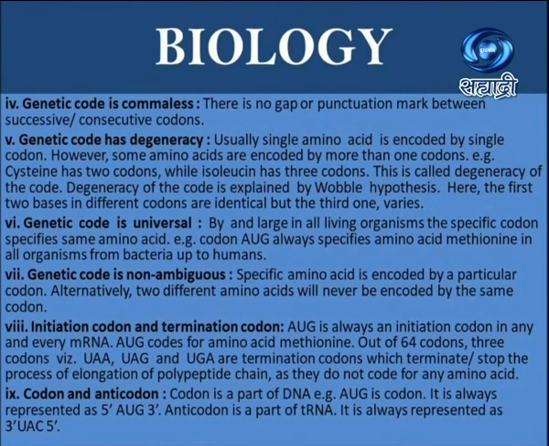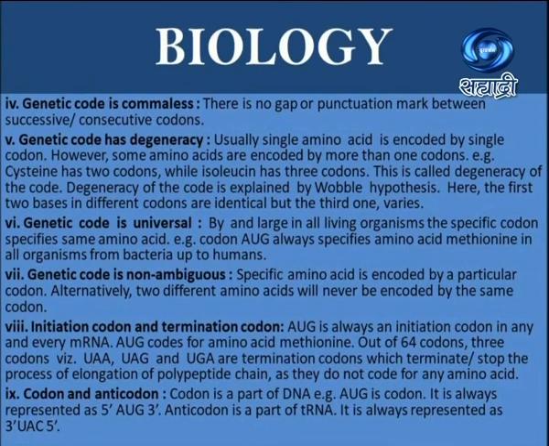For example, cysteine has 2 codons, while isoleucine has 3 codons. This is called degeneracy of the code. Degeneracy of the code is explained by the Wobble hypothesis. Here the first 2 bases in different codons are identical, but the third one is variable.